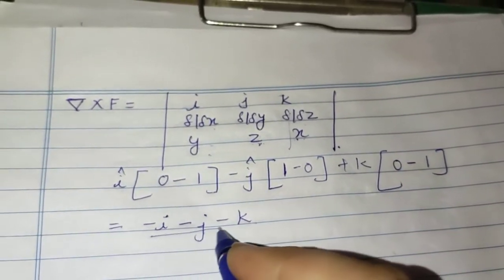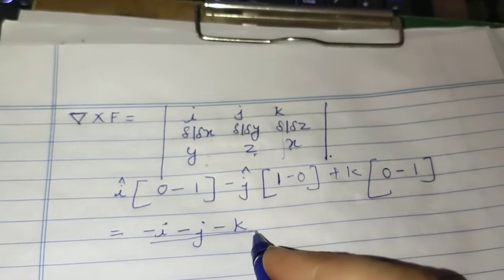This is the value of del cross f, it means curl f.